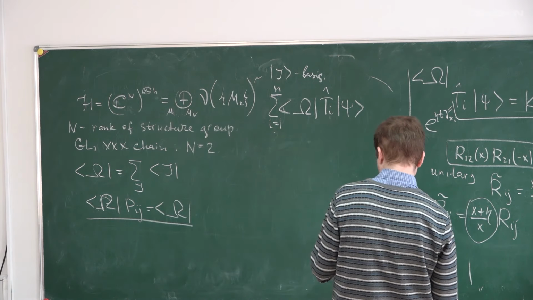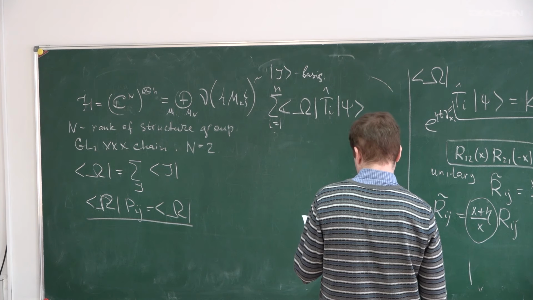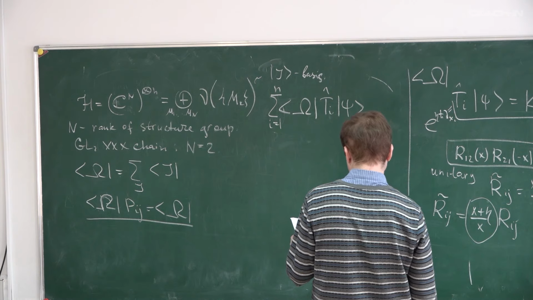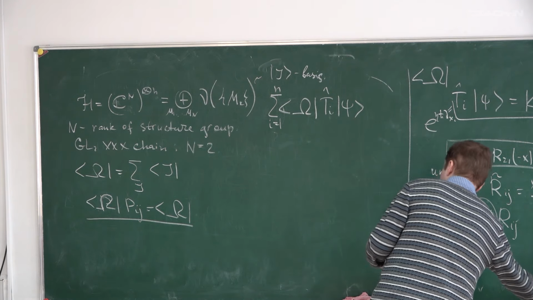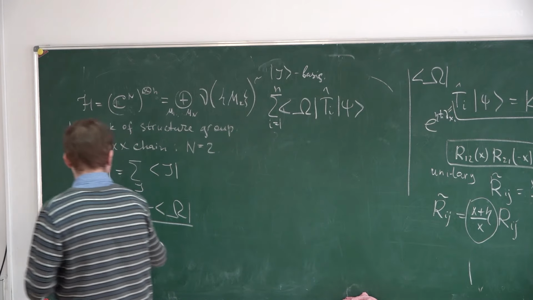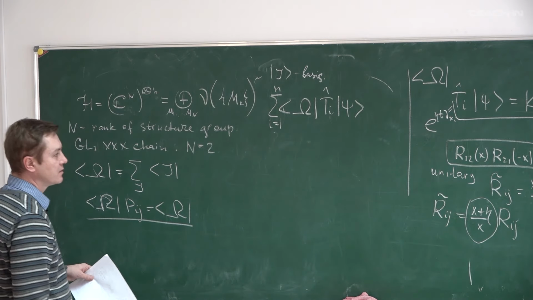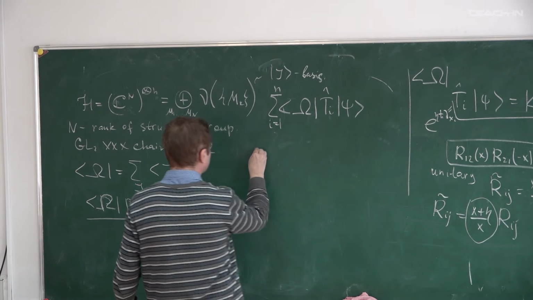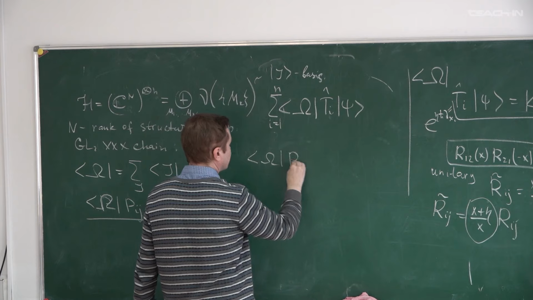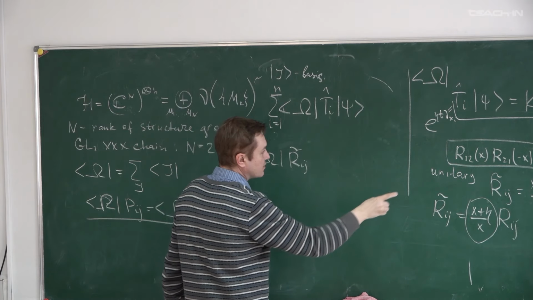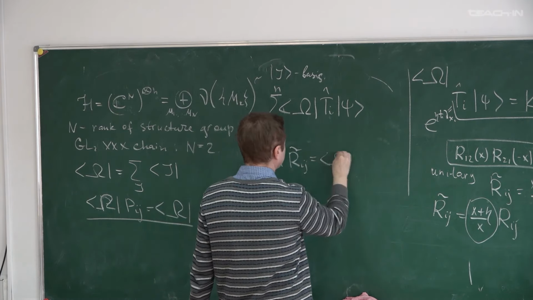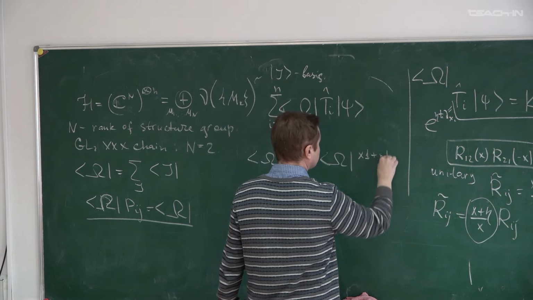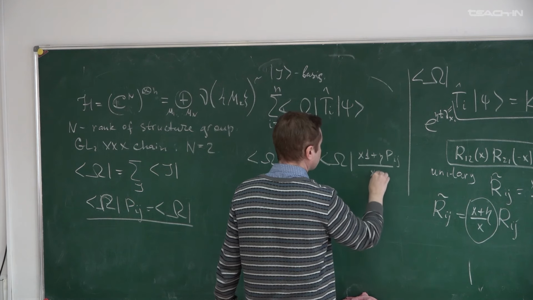This is what we are going to do. Now, what we should do: you see that this permutation operator acts by 1 on this omega, and the latter means that if you act on this omega by this R tilde, we obtain x plus eta pi ij divided by x plus eta.